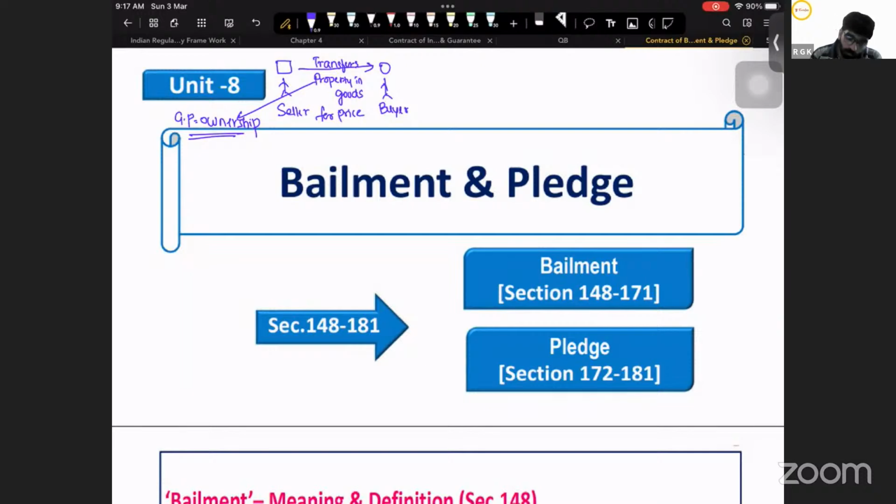So again, there are two parties. This is contract of sale we are discussing. Here, when I discuss about bailment, same thing. There are two parties here also.